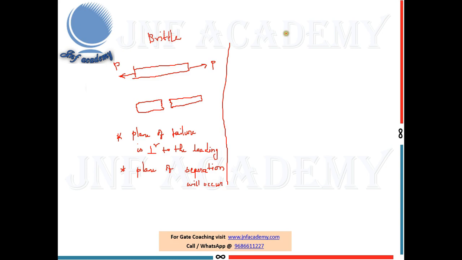So let us move to the ductile. If you take aluminum or steel and do tensile test, it will go for necking.